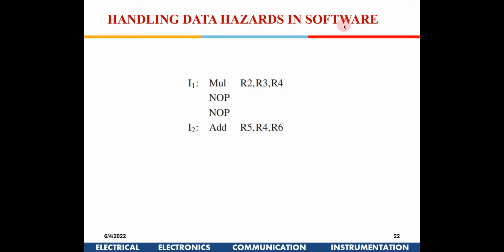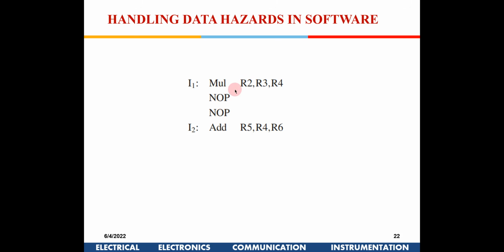So you can do this in the software also to avoid the data hazard. While writing a program, you can cater for additional time, like NOPs, to enable this instruction to get completed. Depending on the number of cycles required for multiplication, those many NOPs can be inserted.